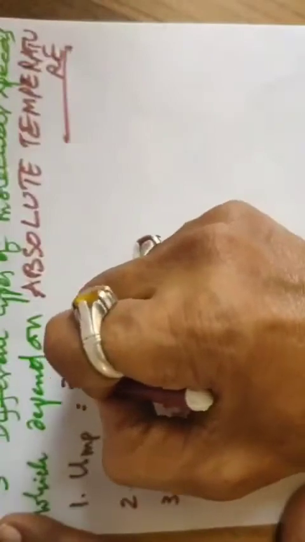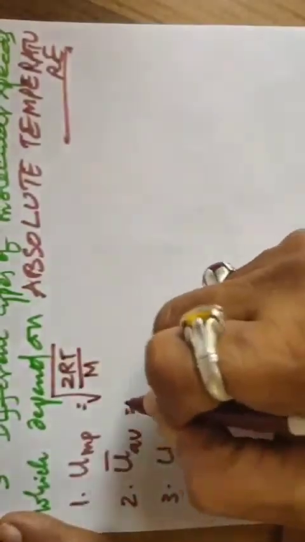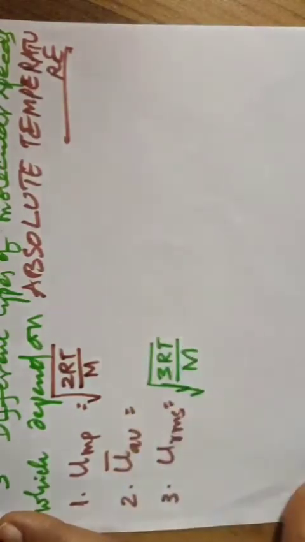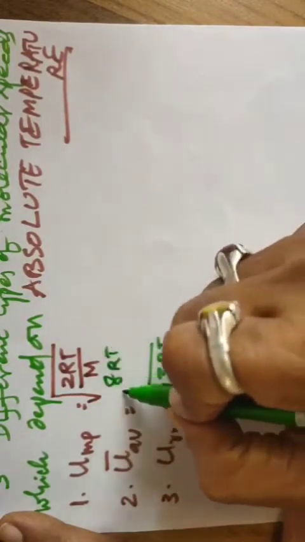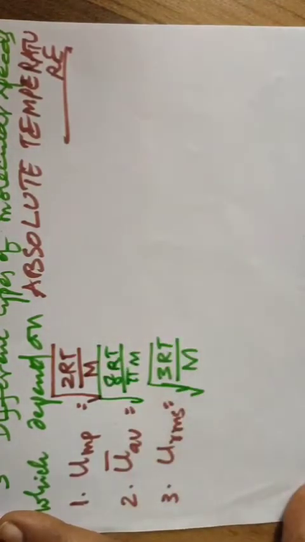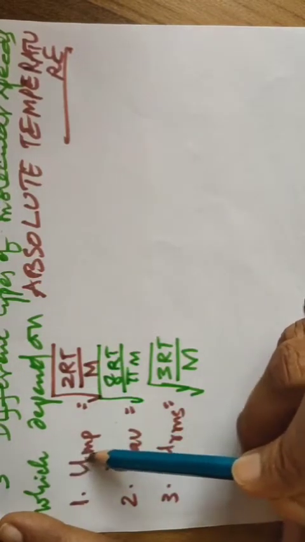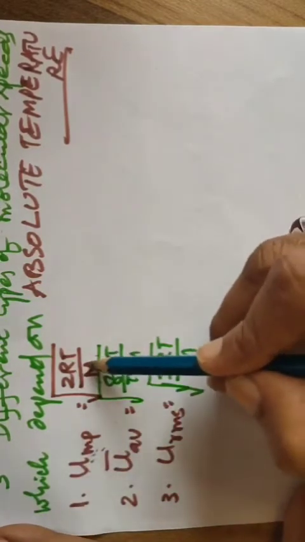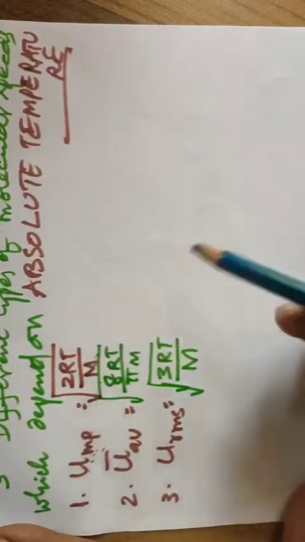Most probable speed is under root of 2RT by molar mass, and average speed is under root of 8RT by pi M. In all cases, molecular speed is inversely proportional to the square root of molecular mass. That is the information we observed here.